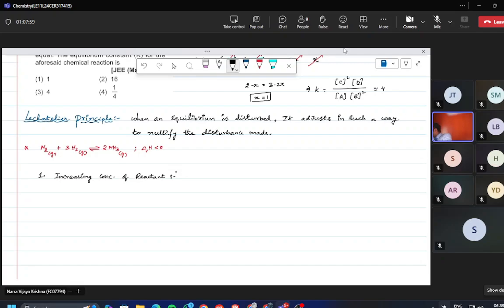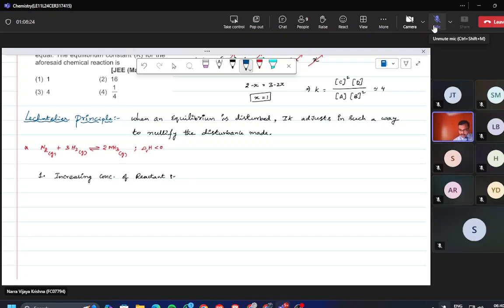What have I done? If I am increasing, equilibrium has to decrease. I am increasing H2 means equilibrium has to move away so that H2 should decrease. How will the H2 value decrease? Over. Equilibrium shifts in the forward direction. Are you able to understand?